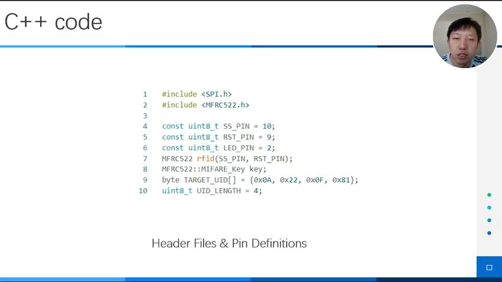Pin definitions, for example SS to pin 10, use constants to define pins to avoid mistakes during operation. This ensures the program can control the hardware correctly. This part is the basic preparation of the program, paving the way for subsequent functions.